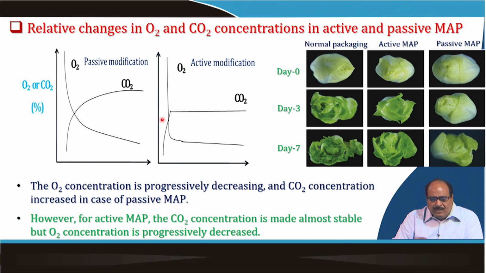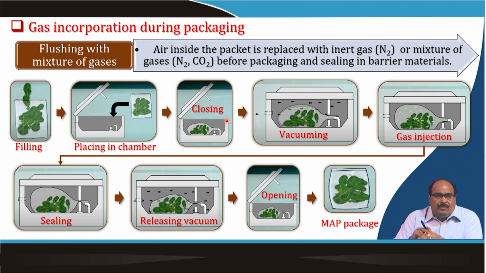In passive modification the O2 concentration progressively decreases and CO2 concentration increases, whereas in active modification the CO2 concentration is almost stable but the O2 concentration progressively decreases. That is the benefit of the difference between active and passive MAP.